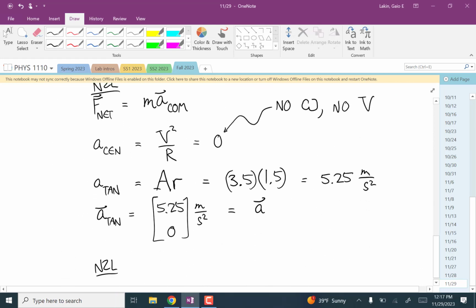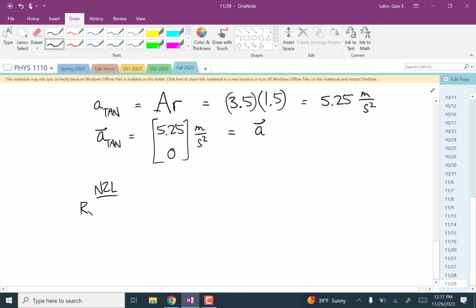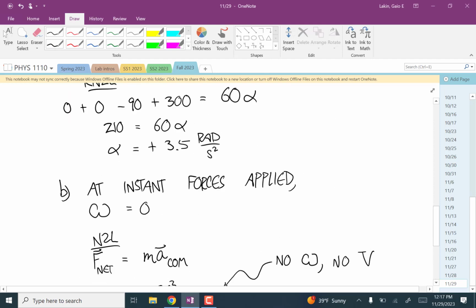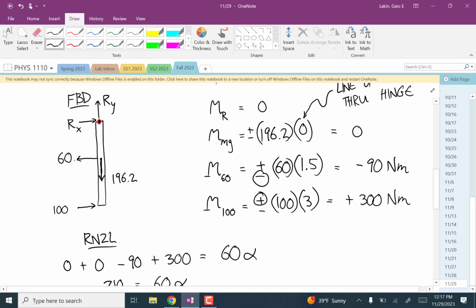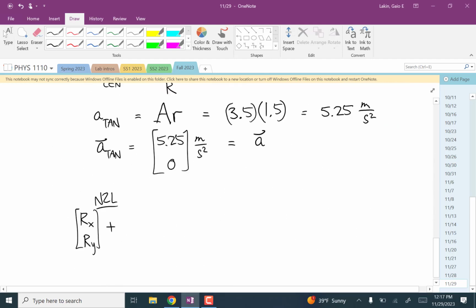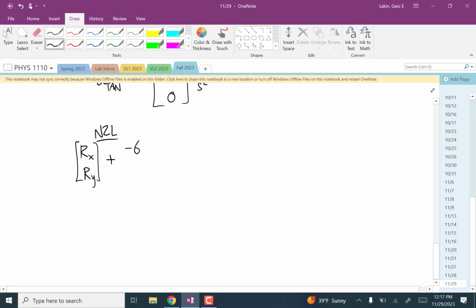So we have Rx and Ry. We have the 60 Newton force in the negative x direction. The 100 Newton force in the positive x direction.